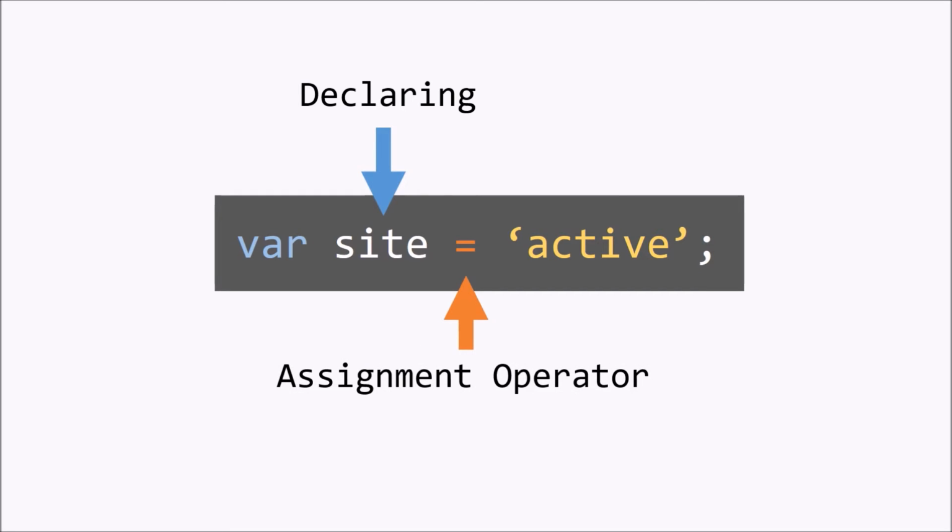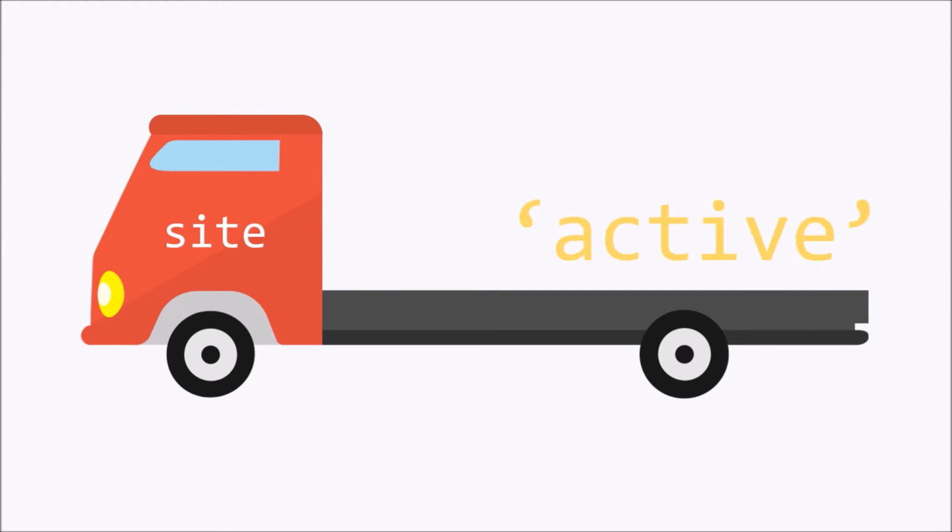But then the last piece is you now have something that's wrapped up in quotes, and then you know it's a string or a word as opposed to a number. The number had no quotes. It works the exact same way as the previous variable we looked at, where you have the name that characterizes this little truck, and then it's carrying the value, which is active.